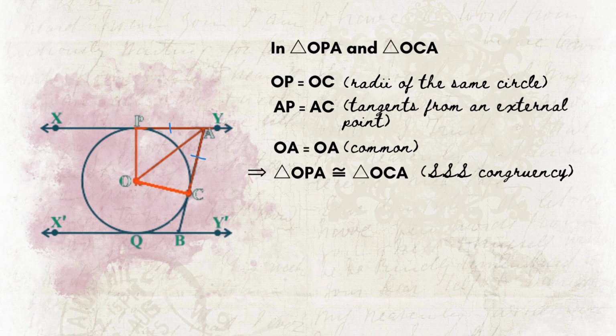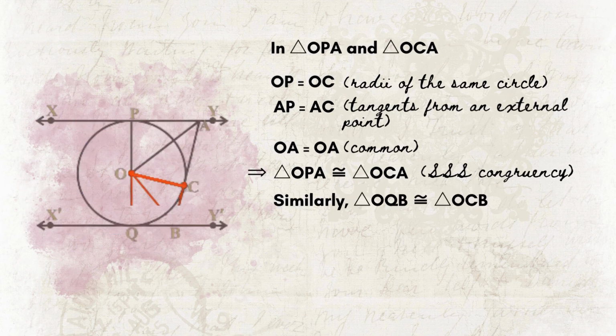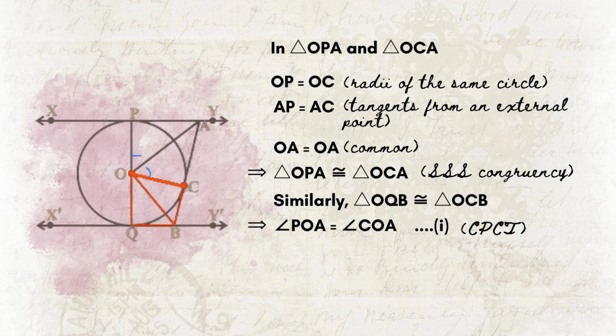Therefore, triangle OPA is congruent to triangle OCA via SSS congruency. Similarly, triangle OQB is congruent to triangle OCB. That means angle POA is equal to angle COA, CPCT, and angle QOB is equal to angle COB, CPCT again.